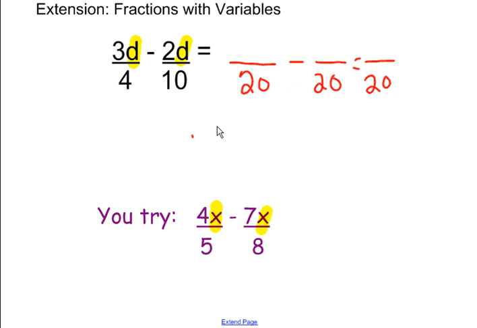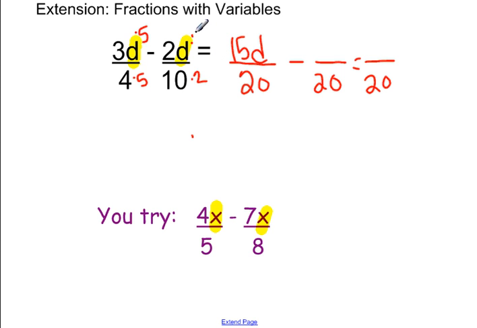And now how did I get there? To go from 4 to 20, I must have multiplied by 5, which means I'm going to multiply by 5 on the top. 3 times 5 is 15. So this is 15d. How did I go from 10 to 20? I must have multiplied by 2.